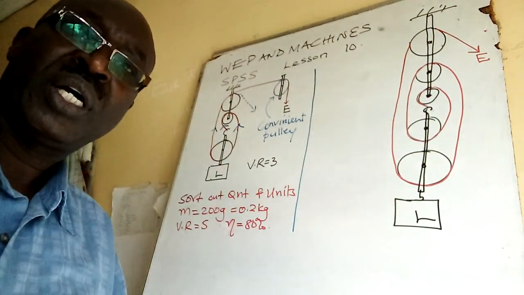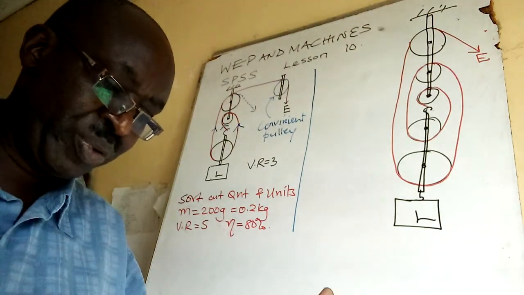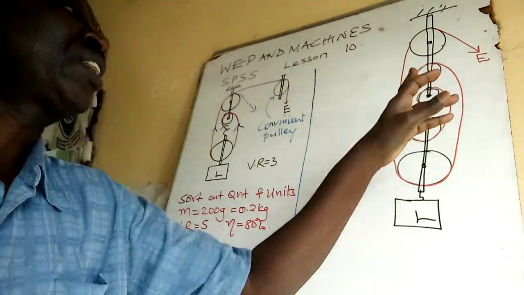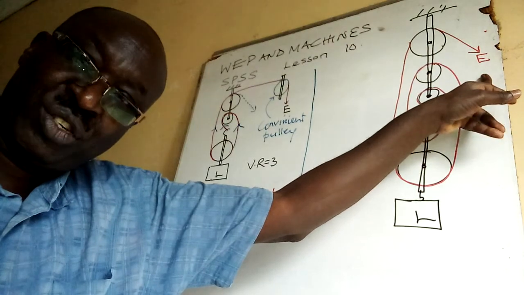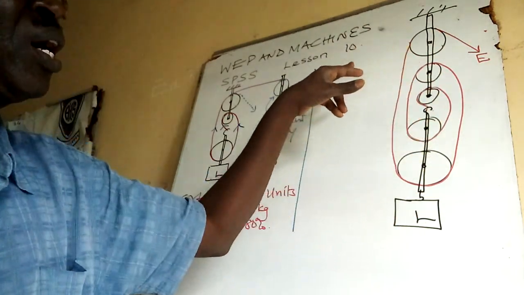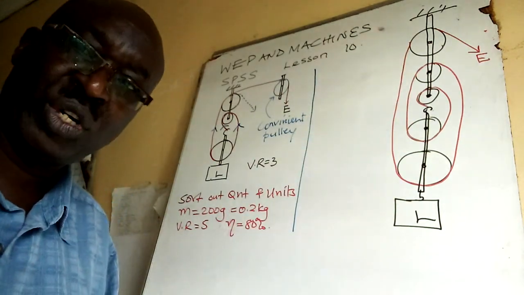Now, if you are asked to show on the diagram how the rope is wound and the effort applied, that is the answer. I've shown the effort where it should be applied. I've shown how your rope will go around the 5 pulleys.